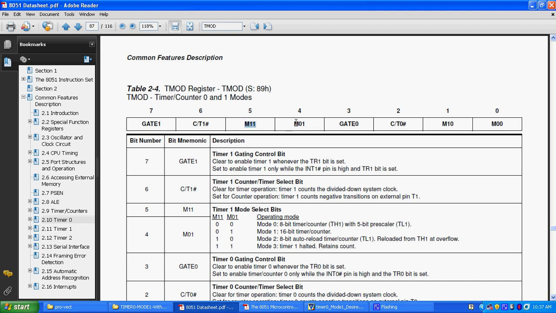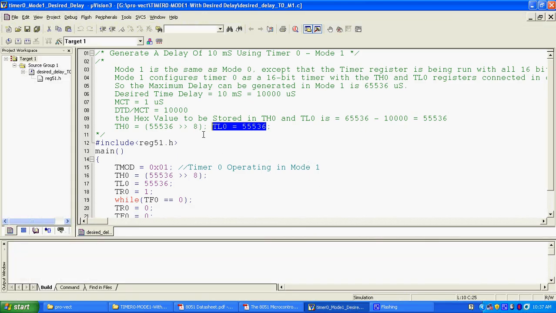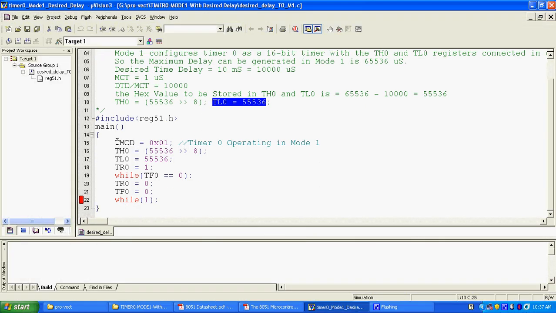Suppose I make M11 as 0 and M01 as 1, then I am using timer 1 in mode 1. That's why I have written TMOD equals 0x01, timer 0 operating in mode 1.